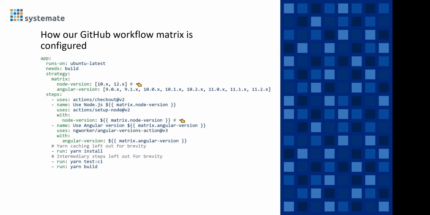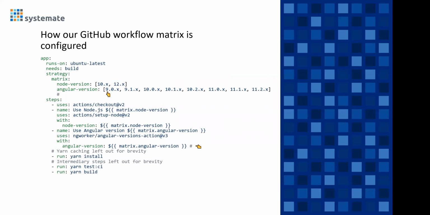So you might have seen that before. You might not have used the matrices, but that's when you can run the same job multiple times, but with different versions of Node, for example. But when you then combine that with all the different versions of Angular, that's when you get 14 different matrix legs, for example.